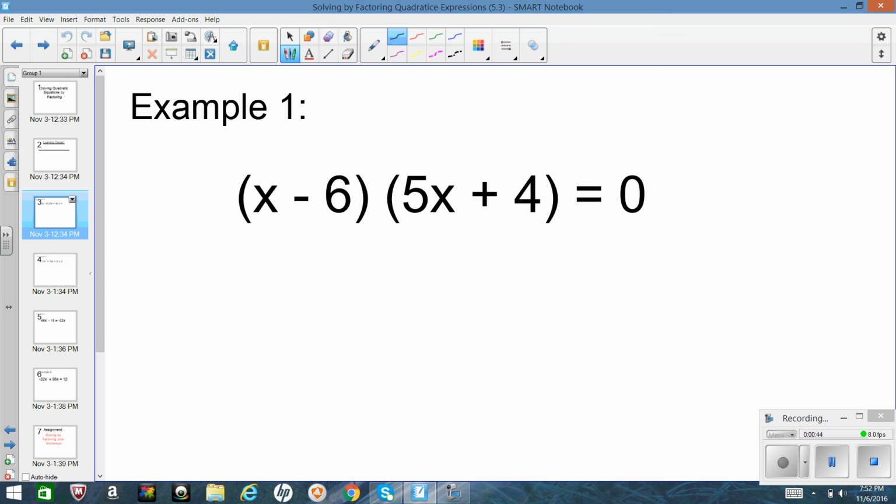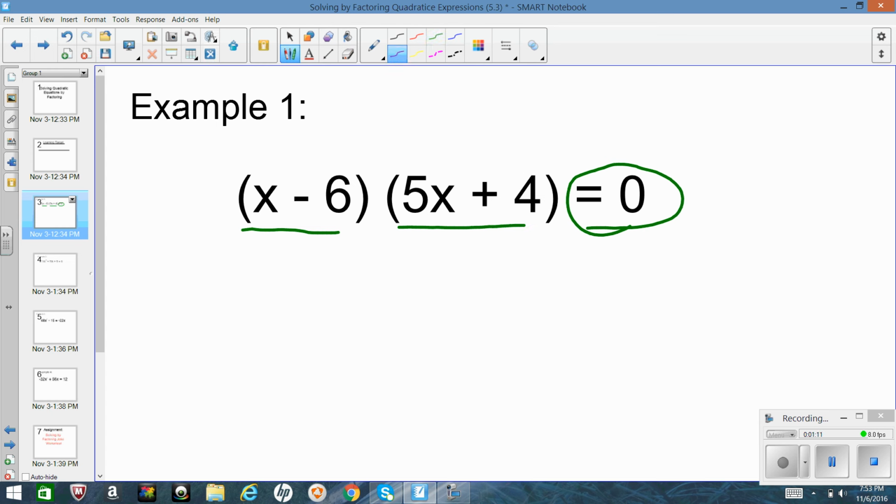When we are solving a quadratic by factoring, we always want to factor it, and we always want it to equal 0. Once we have two expressions multiplied to each other set equal to 0, we can set them each equal to 0 and solve. We want to get them into two binomial terms.